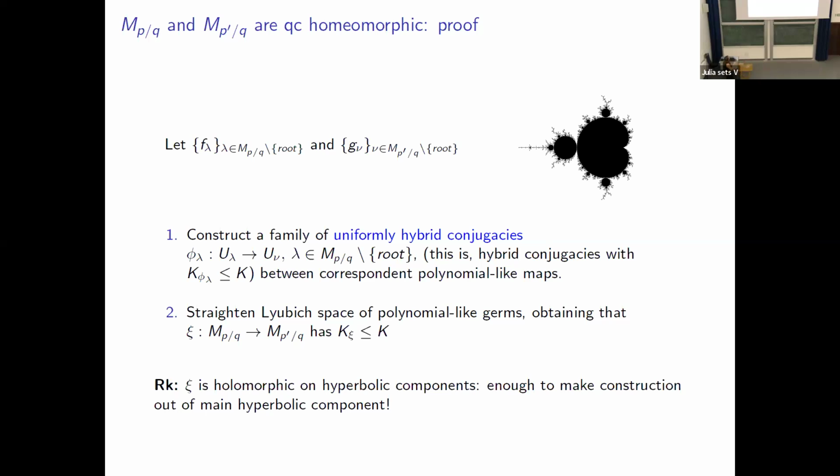And once we have this, we translate it to the parameter plane by straightening a Lyubich space of polynomial-like germs. The Lyubich space of polynomial-like germs is an infinite-dimensional space that he proved has a product structure, with internal classes that are codimension 1 manifolds and external classes, which are also manifolds.